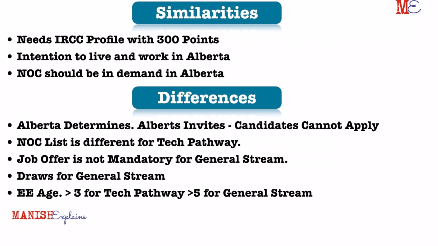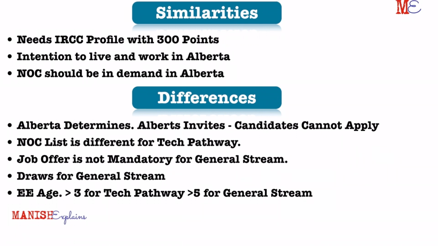A job offer obviously adds to the general stream and helps you get that nomination, but it is not listed as a requirement under the general stream. So that's another key difference between the general stream and the tech pathway.